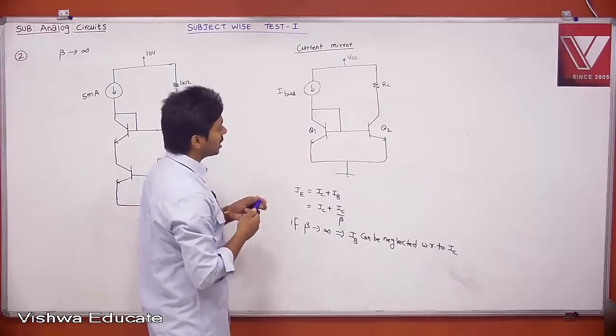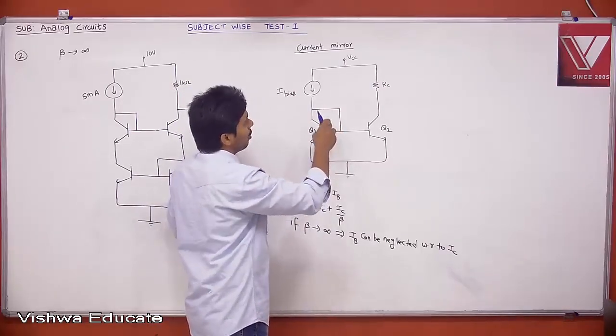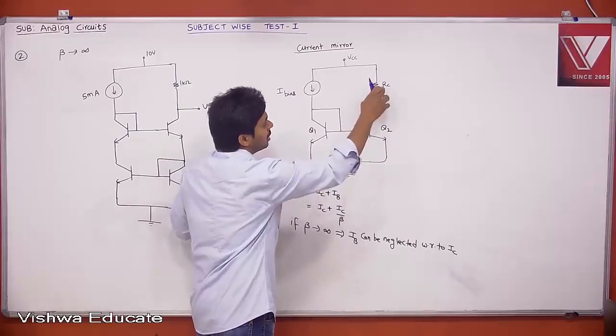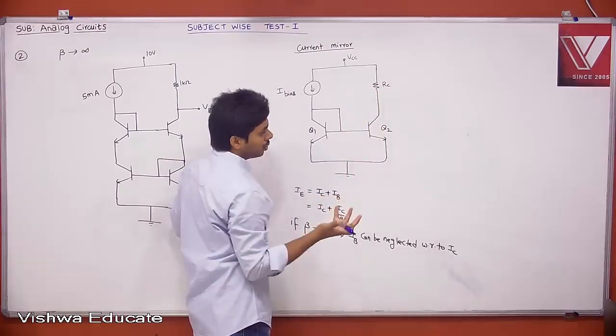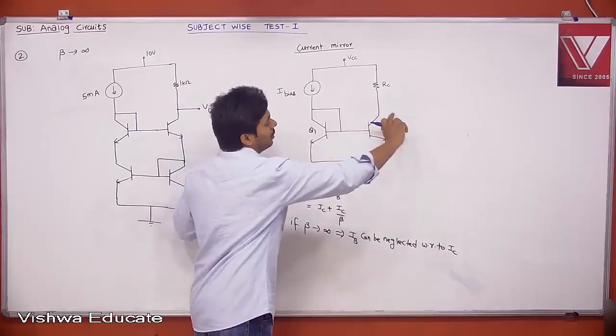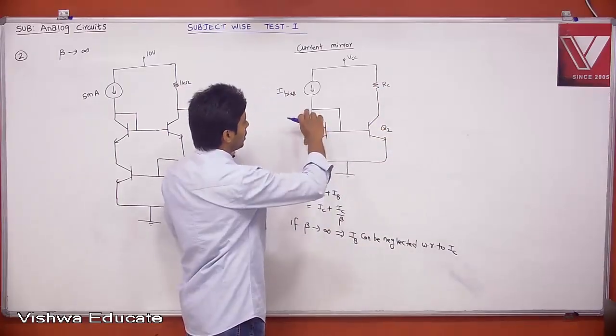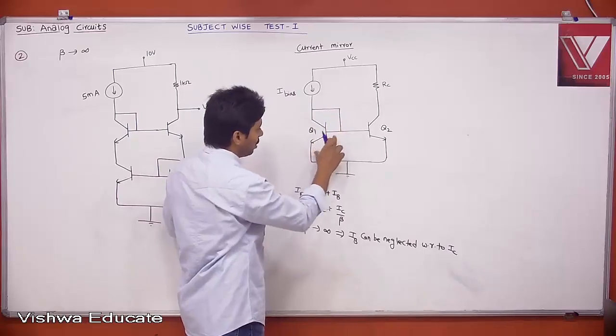Now, this is the current mirror. Why is it a current mirror? I already explained. Whatever the VBE, this transistor is in active region, provided we have chosen RC such that the other is also in active region. How will you know that both are in active region? If VCE2 is greater than 0.2, both are in active region. And here what is VCE? VCE is nothing but VBE only.